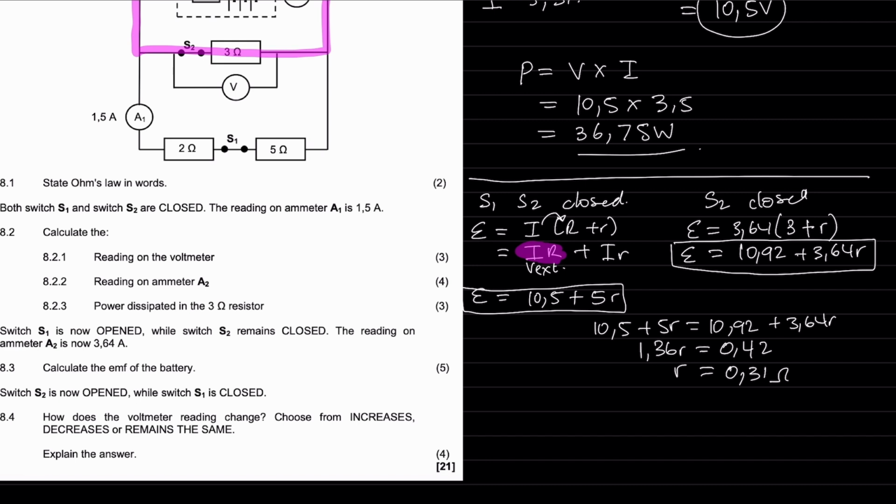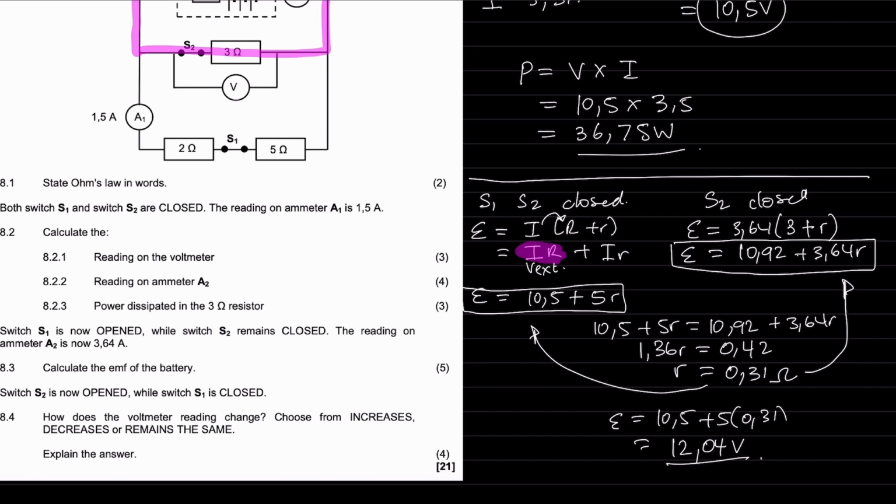Now that we have the internal resistance, we can substitute it into either one of these equations to get the EMF. So EMF will be equal to 10.5 plus 5 into 0.31. So 10.5 plus 5 into 0.31 gives us an answer of 12.04 volts.